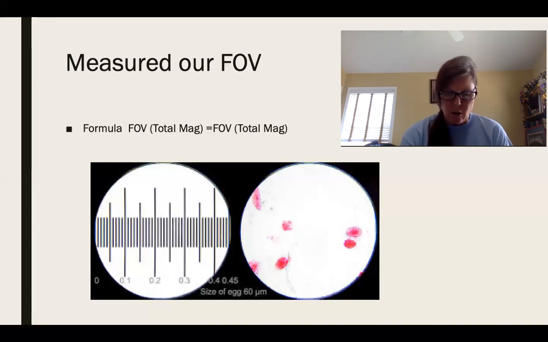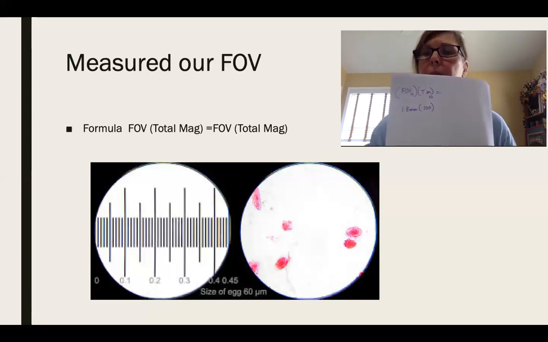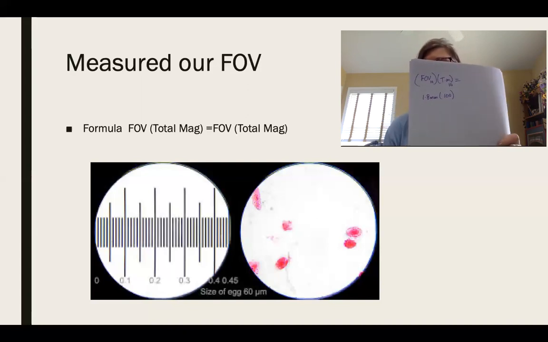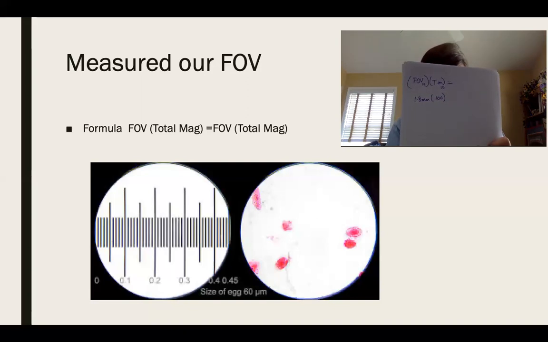So again, you're always going to keep that left side of your equation. So I'm simply going to fill that back in. The same thing, that side does not change. It stays the same. That's the one we were able to physically calculate. That is what we're going to use as our standard.